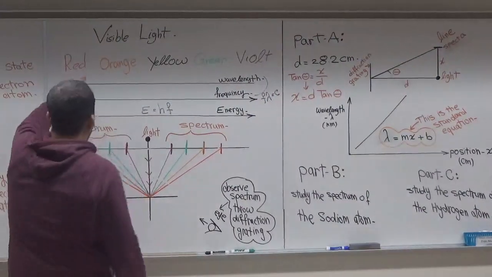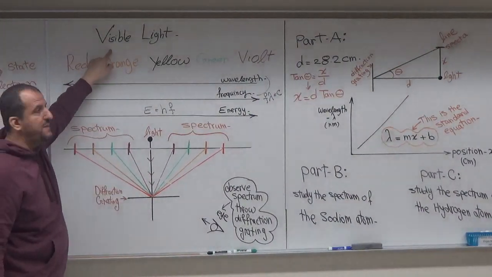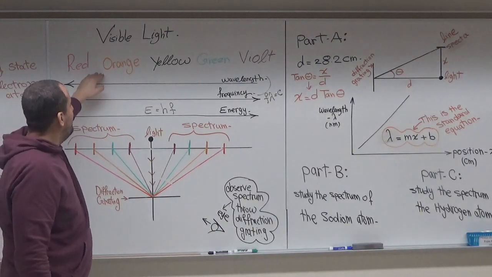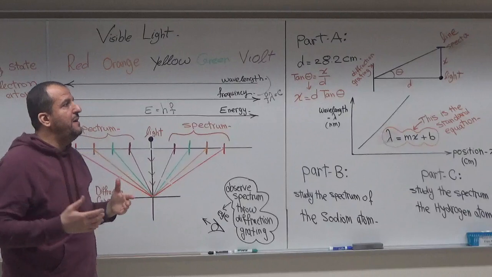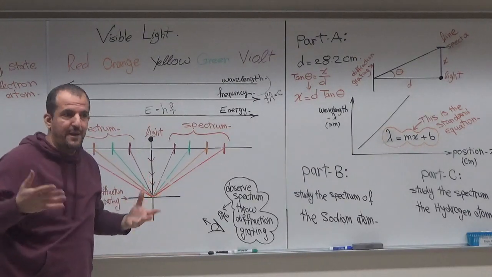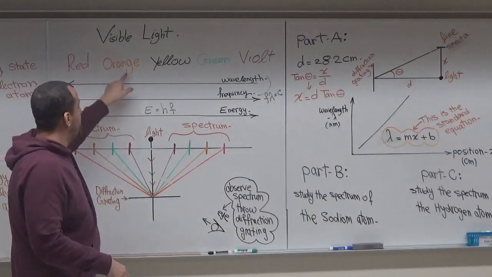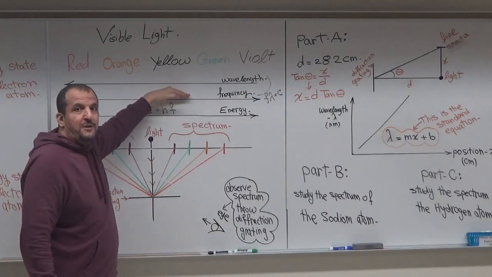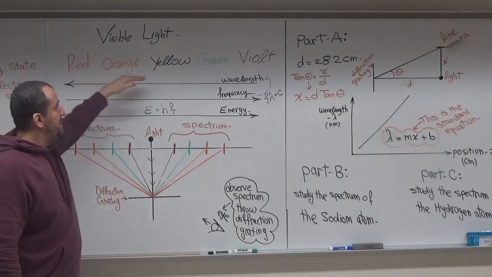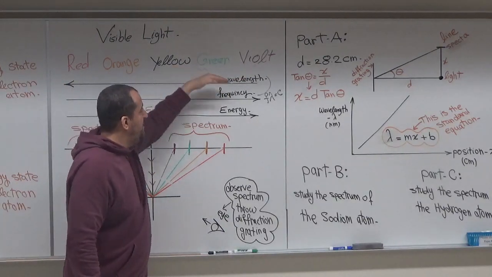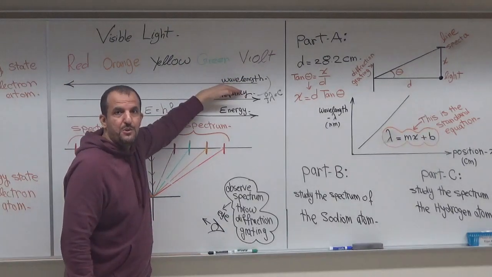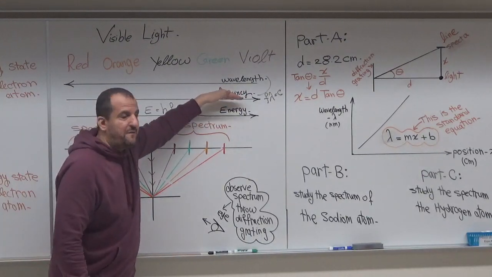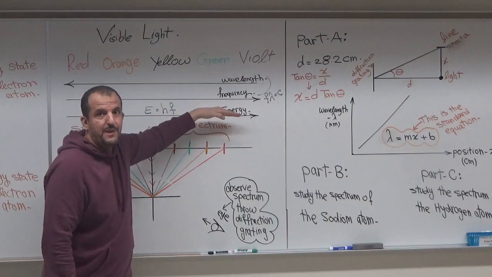If we come here, guys, you can see that we have the visible light. The visible light can be presented as a spectrum. So we have red, orange, yellow, green, and violet. If we go from the red to violet, we will have shorter wavelength, higher frequency, higher energy.